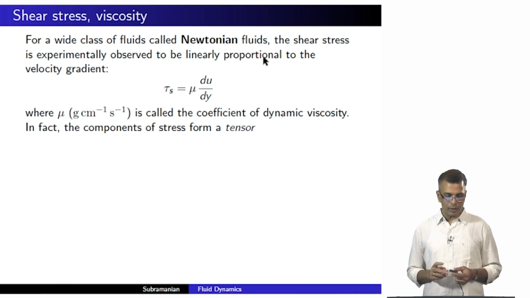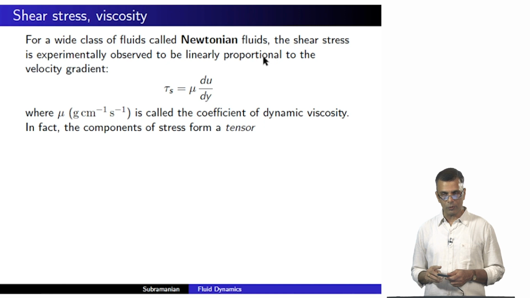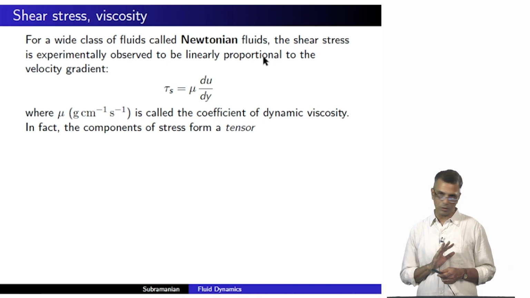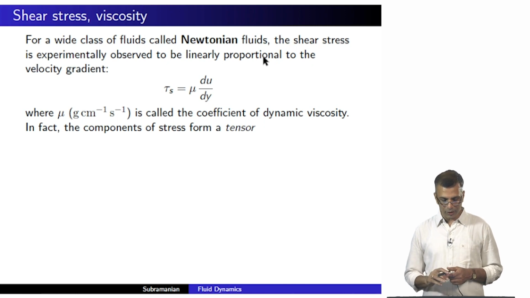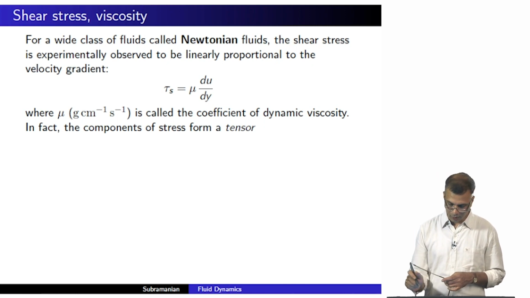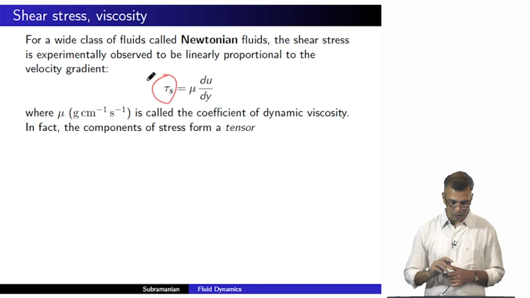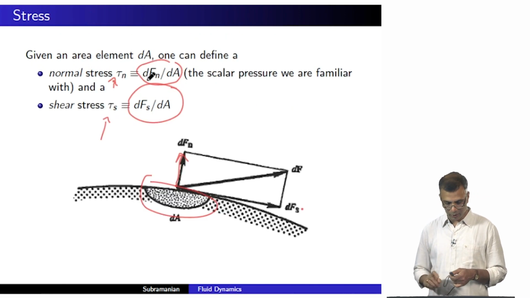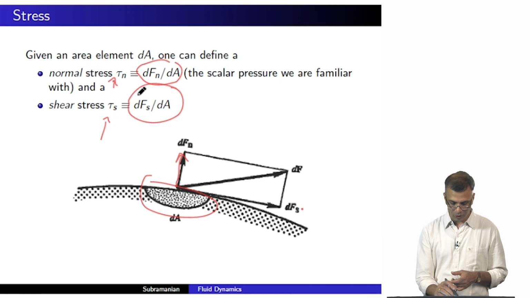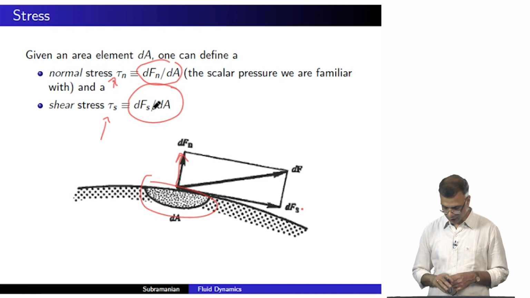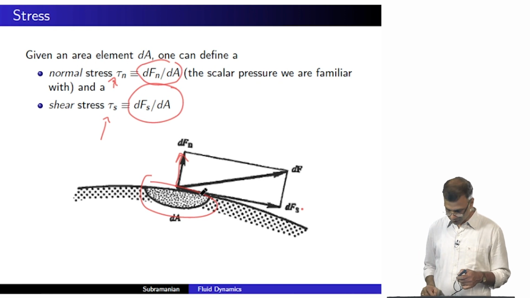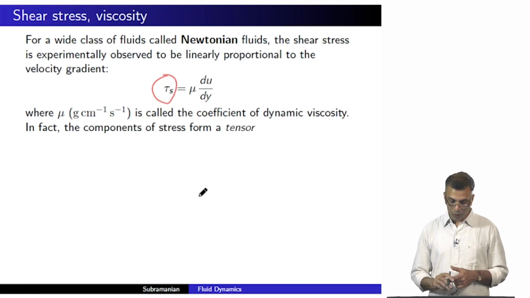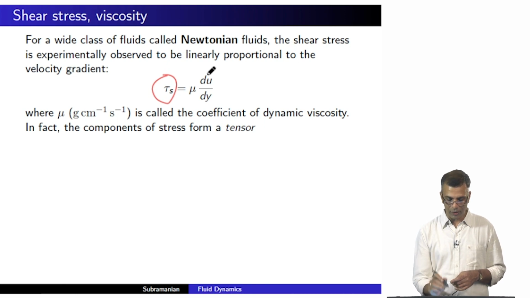Well, for a wide class of fluids called Newtonian fluids, which is the only kind of fluid that we will be concerned with in this course, the shear stress, the quantity tau s here, which is essentially the ratio of dFs to dA, where dA is the differential surface area, is observed to be linearly proportional to the velocity gradient.